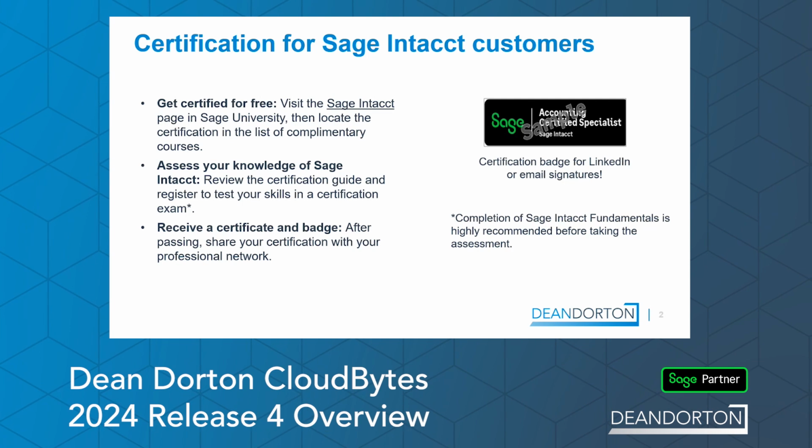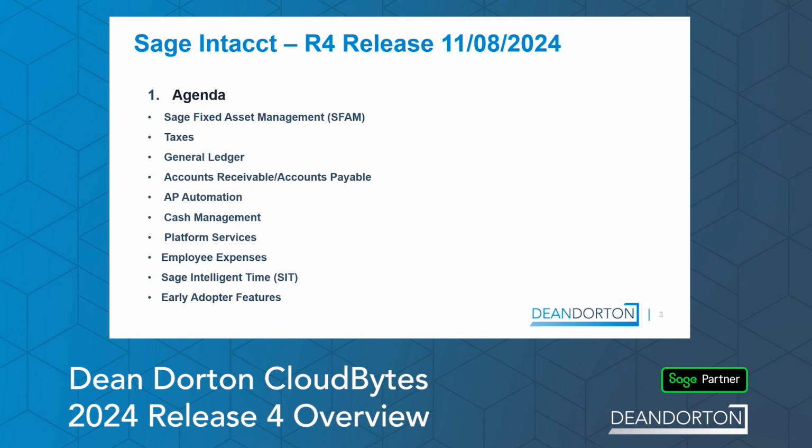You'll get copies of these slides afterwards, so you'll be able to review this as well. If you have any questions about becoming a Sage certified accounting specialist, please let us know at ERP support at ddaftech.com. That'll be in the email that you get afterwards as well, and it's just in that Intacct page on the Sage University. I think that's pretty exciting. They're extending all that kind of stuff out to customers. We just want to make sure that you're aware that it's there. Totally unrelated to the release.